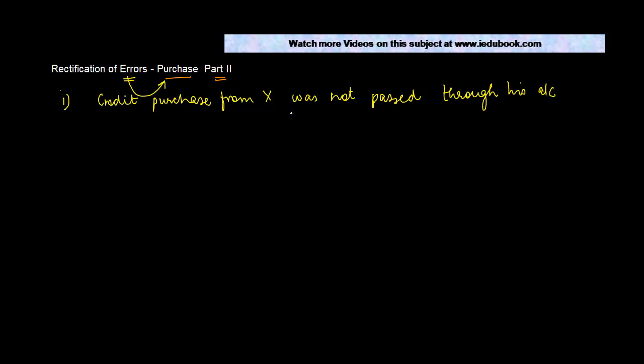Let's say first one. Credit purchase from X was not passed through his account amounting to 80,000.